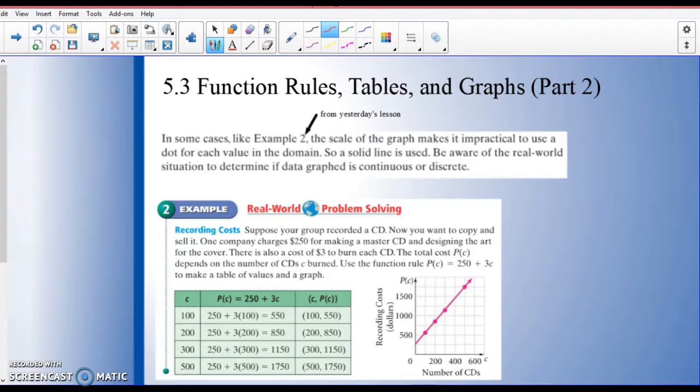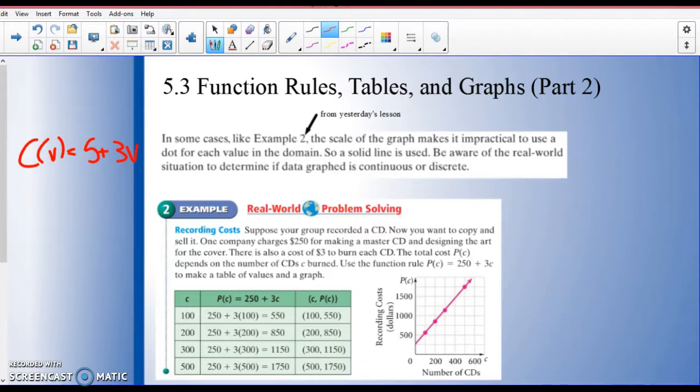It costs you $5 a month. The function rule is C of V equals 5 plus 3V. I don't know about example 2, I think that that's wrong.